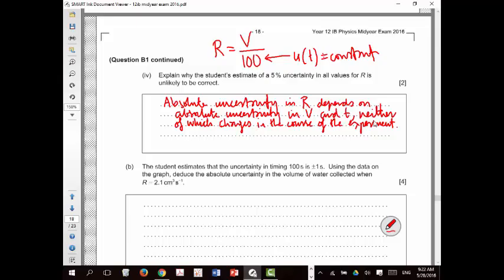Right? So this means that if the percentage uncertainty stayed the same as the volumes increase, that would mean that the absolute uncertainty in the volume is increasing.